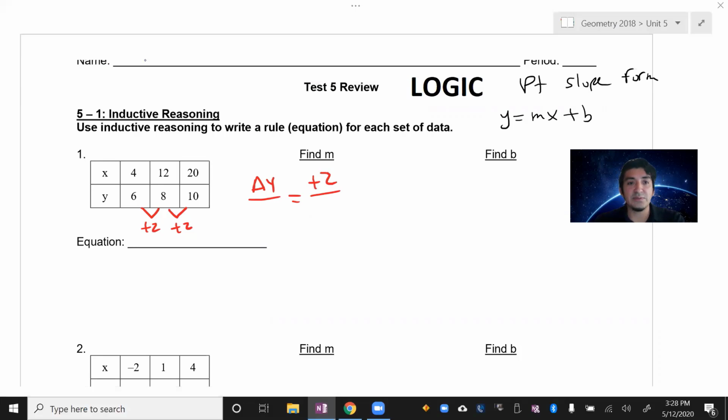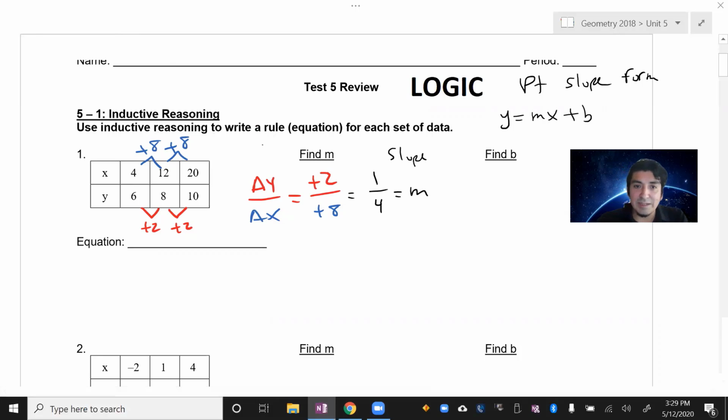And if I am looking at going from 4 to 12, that's plus 8 and plus 8. So my change in x will be plus 8. Now, if I reduce this, it's 1/4. So that's going to be my slope.